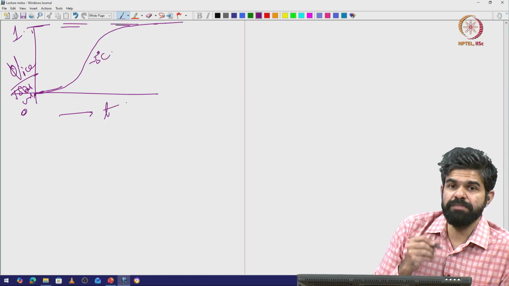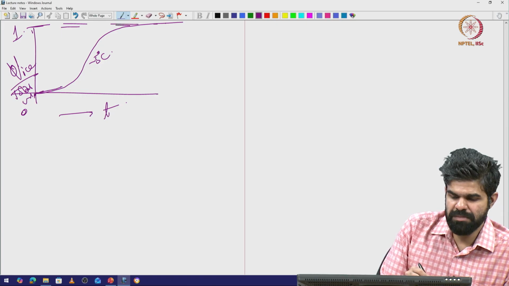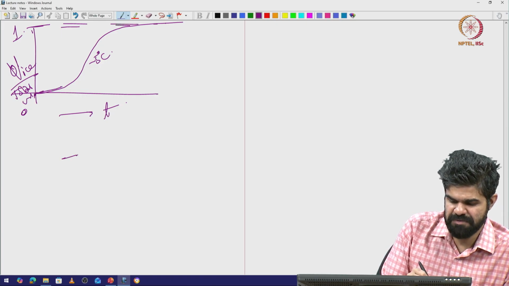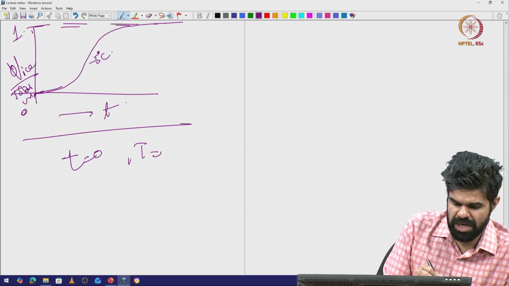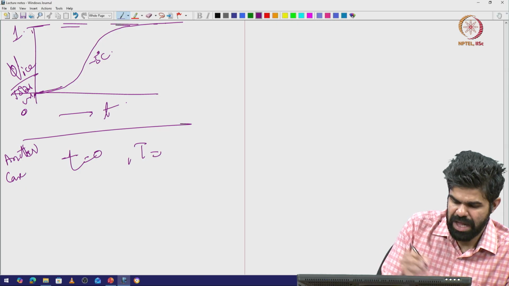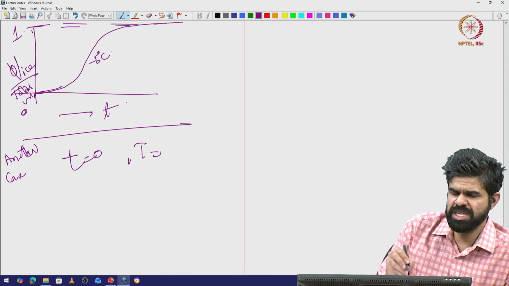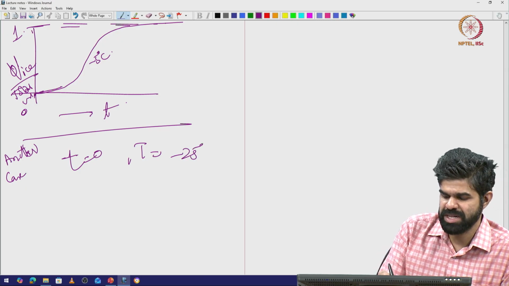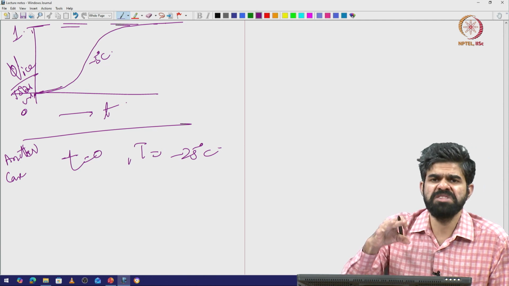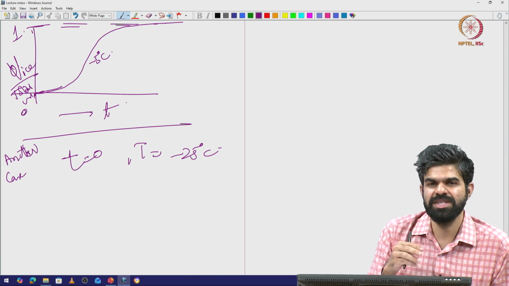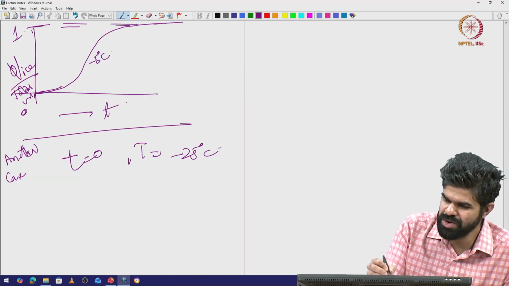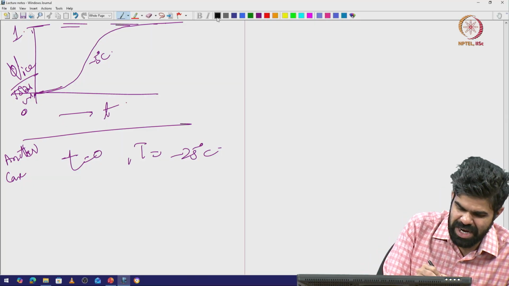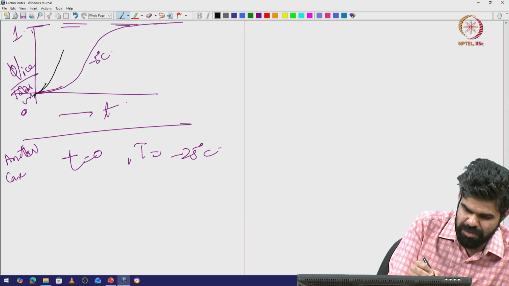But if I change the temperature now, to some minus 25 degrees Celsius, this is another case where at t equal to 0, the temperature is suddenly cooled down to minus 25 degrees Celsius. What would you expect? Ice is formed faster. So ice is formed even faster than it was formed before. So I can plot that, and say that look, the ice actually forms much faster.